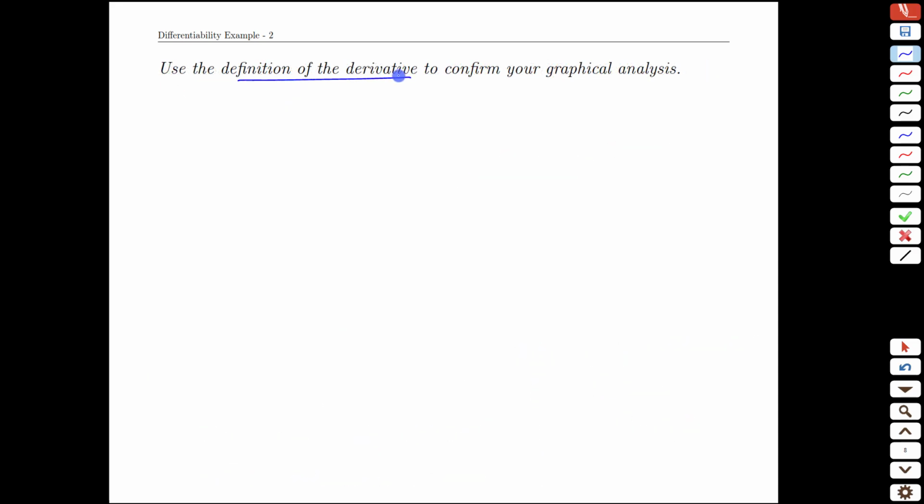Now, can we be a little more assertive about that, a little more rigorous about that idea? And absolutely. We have the derivative as a definition. It is the change in f over the change in x. It's a slope. But it is a slope that we get as we let x, or delta x in particular, approach 0.